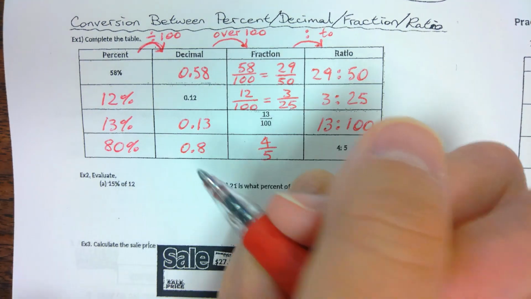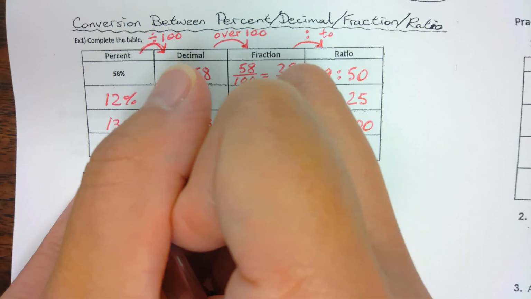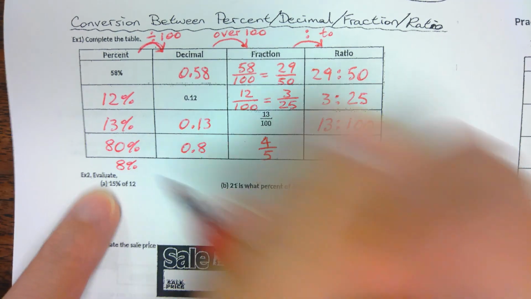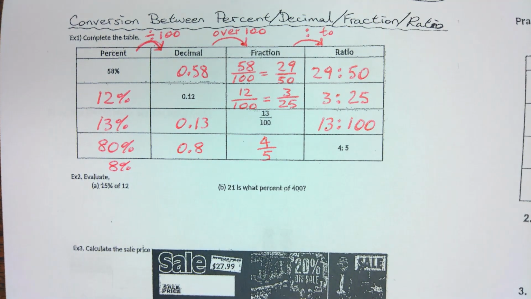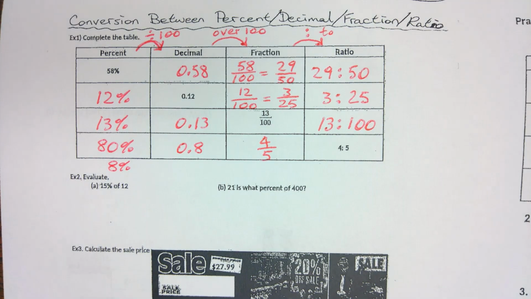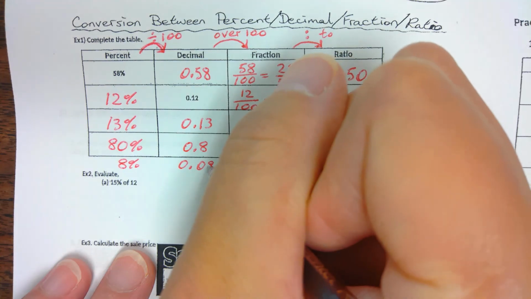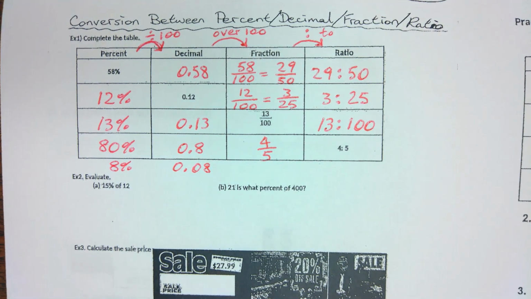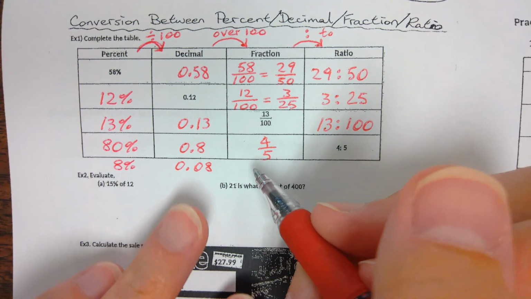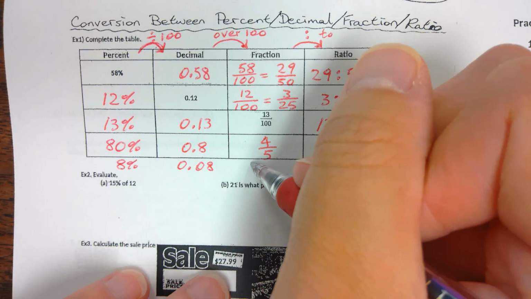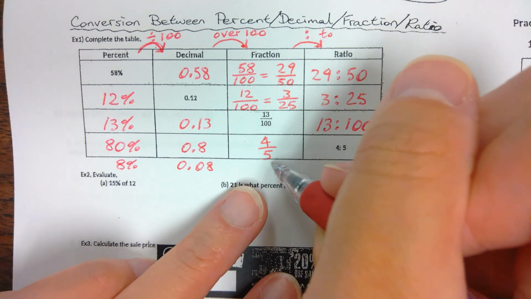Okay, so just a quick note. I'm just going to add one more in here. What's 8% then as a decimal? Yep. 0.08. A lot of people make this silly mistake. Okay. And then 8 over 100, which is, sorry?